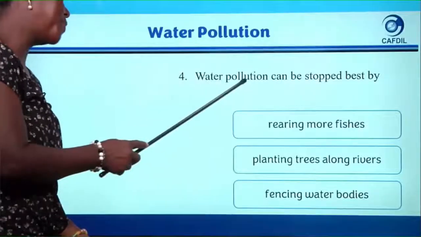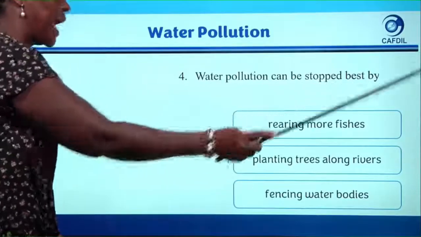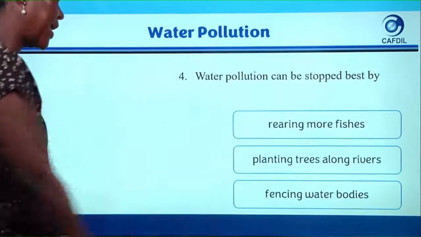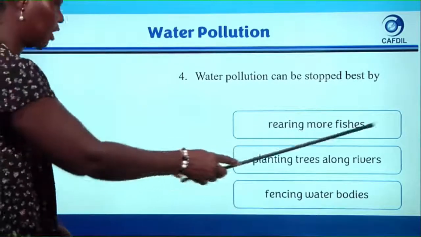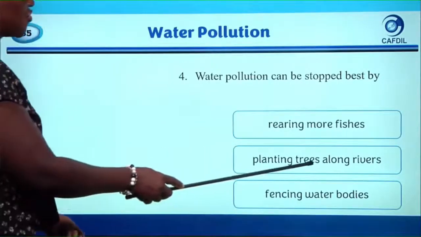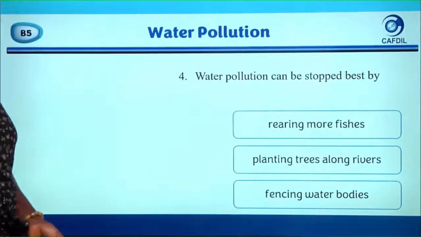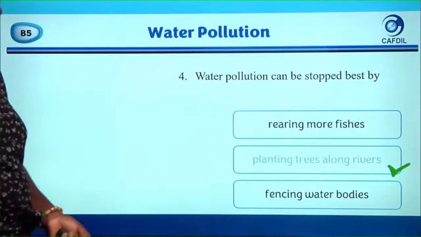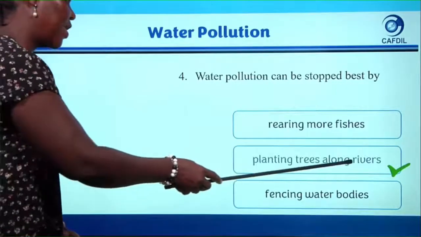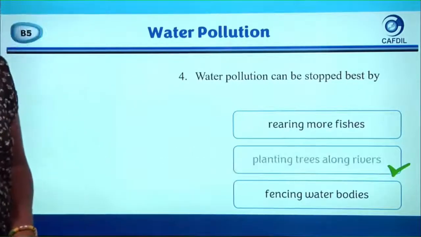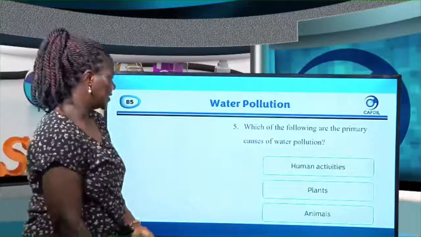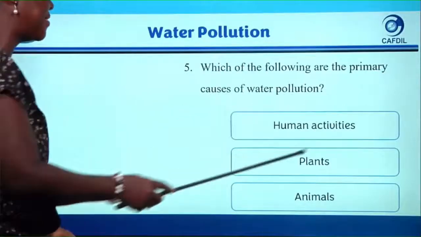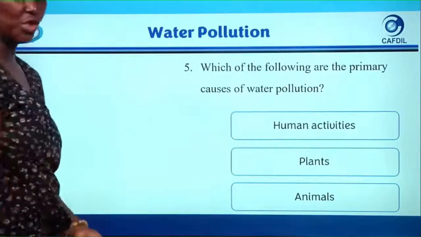Number 4, water pollution can be stopped best by raising more fishes, planting trees along rivers, fencing water bodies. Okay, planting trees along rivers, as we saw. And the last question, which of the following are the primary causes of water pollution?